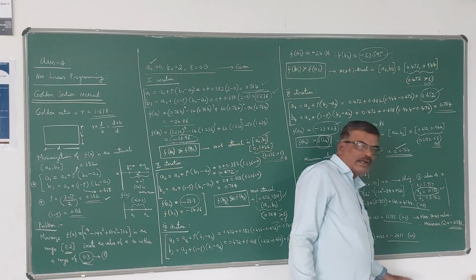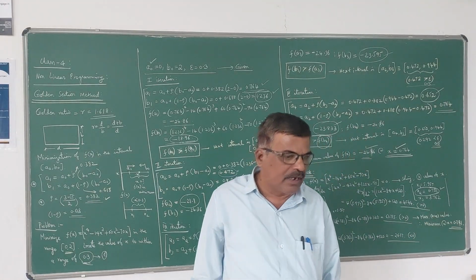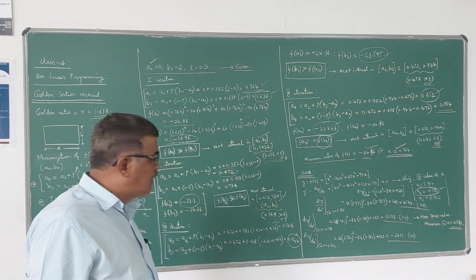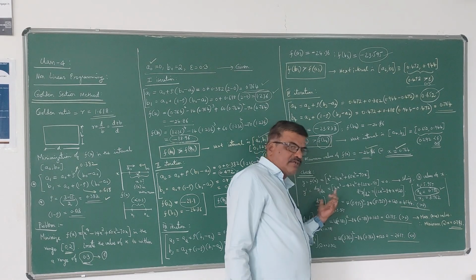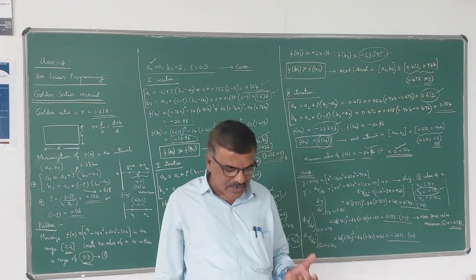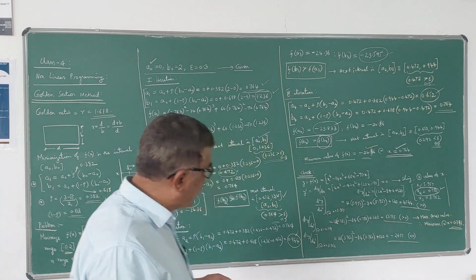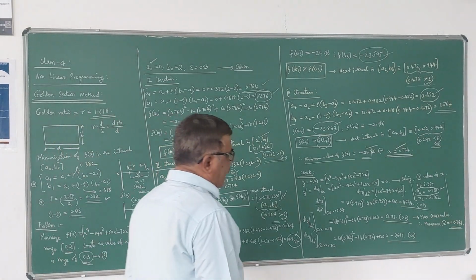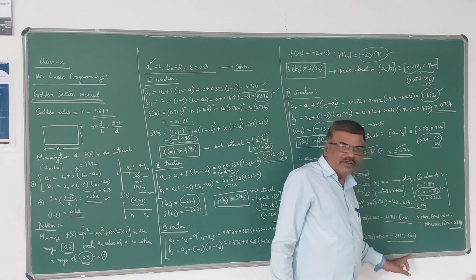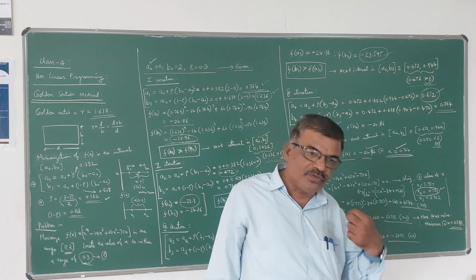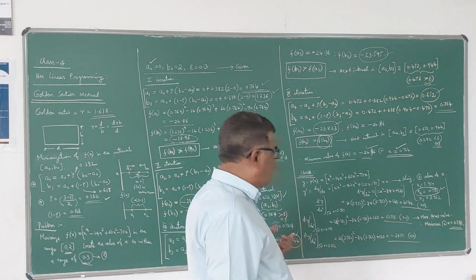But we know that the necessary condition is dy by dx equal to 0. The sufficient condition is: if d square y by dx square is negative, then you are going to get the maximum value of the function. If d square y by dx square is positive, we are going to get the minimum value of the function.